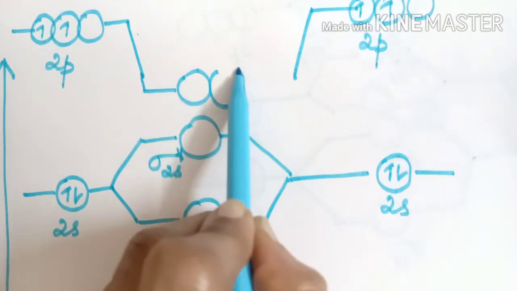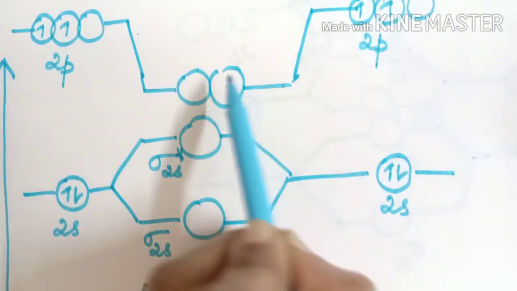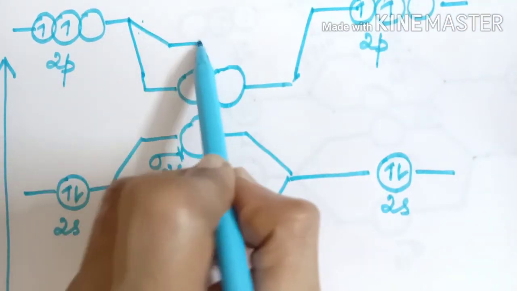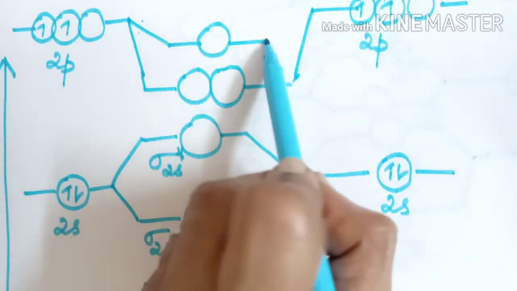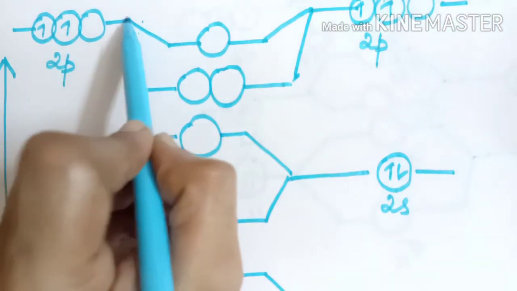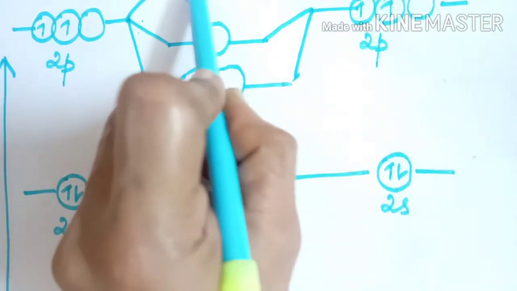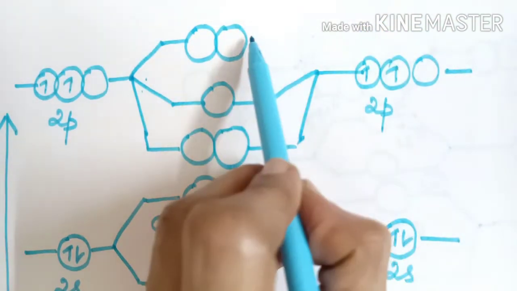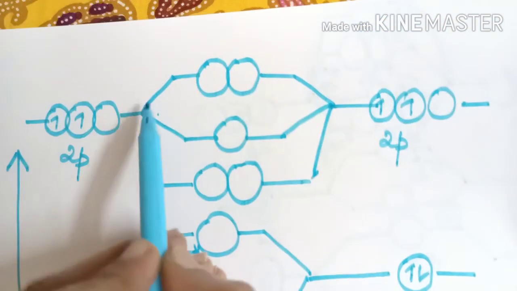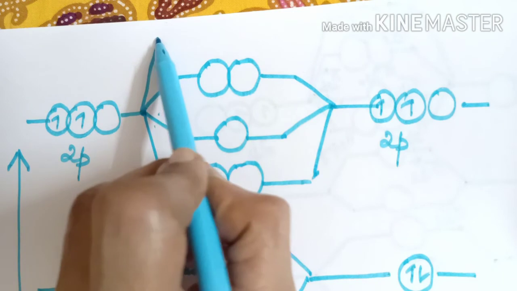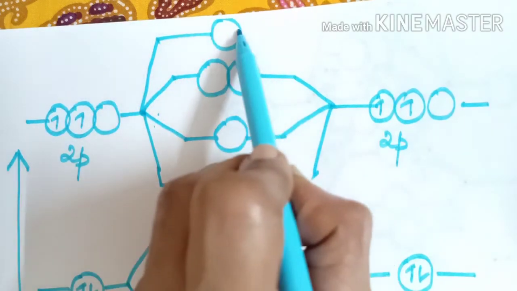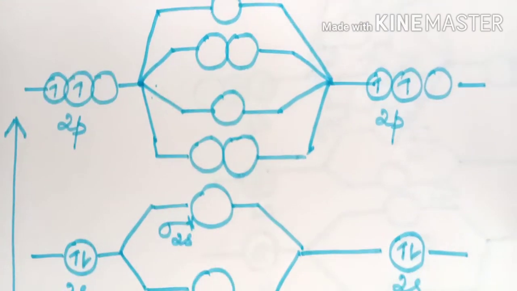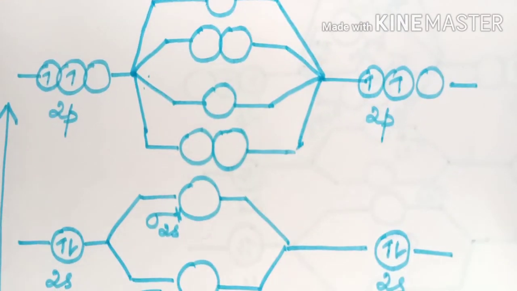That is pi 2px, pi 2py, both are degenerate. Then comes sigma 2pz, followed by pi star 2px, pi star 2py. And finally, what we have is sigma star 2pz. Okay, we shall name it.